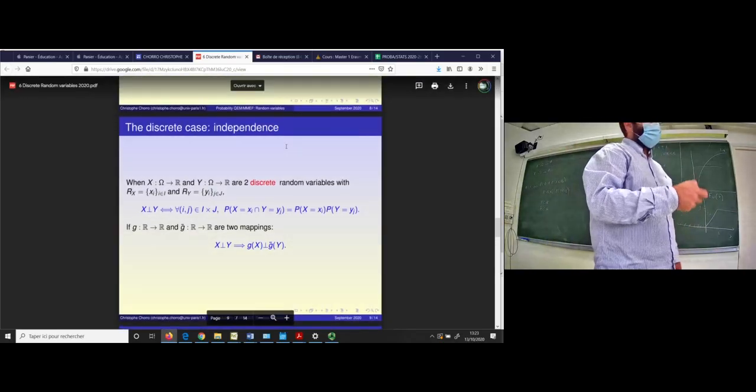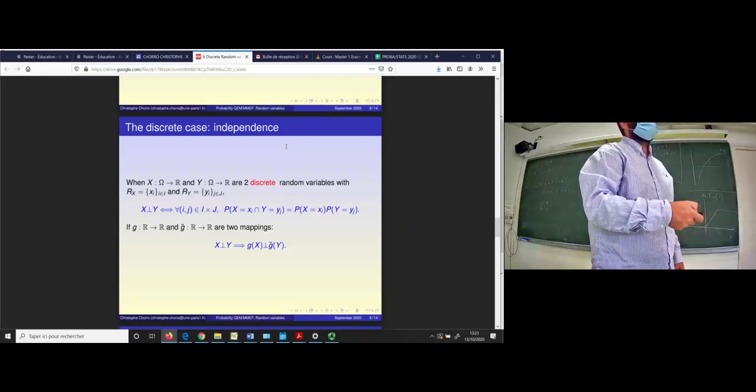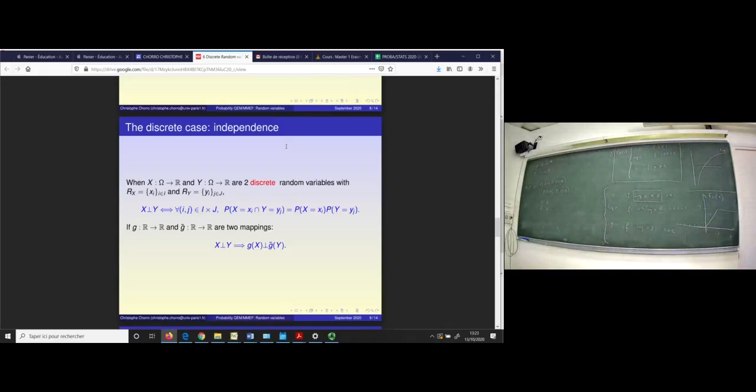For the independence, you replace the general pre-images by pre-images of points, and you obtain here that I have the independence in the discrete case if the probability mass function of the pair XY is equal to the product of the probability mass functions of each component.